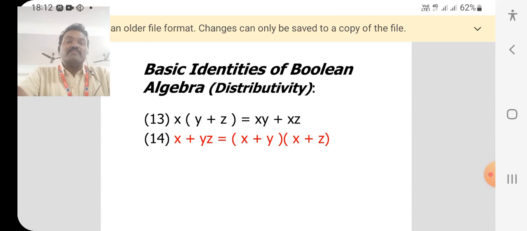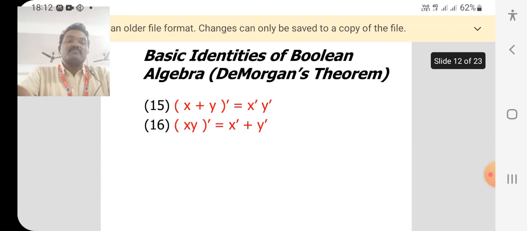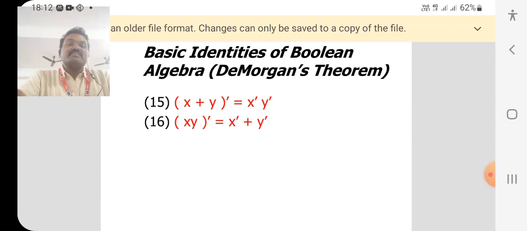Then another law, x plus yz is equal to x plus y into x plus z. This is the distributive law. Then in digital logic circuits, one of the most important 2-mark or 4-mark questions is De Morgan's theorem.